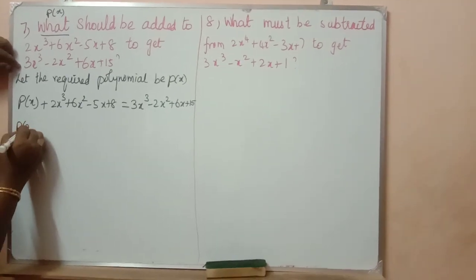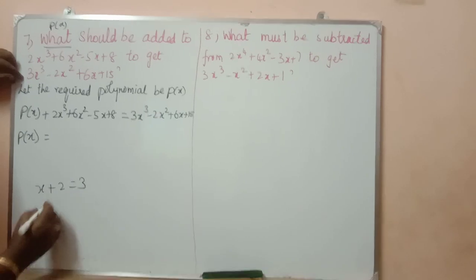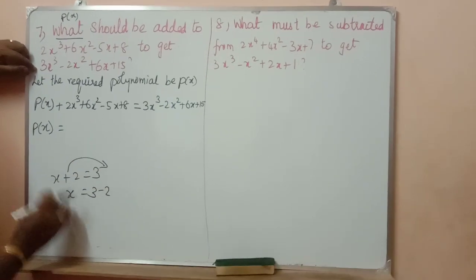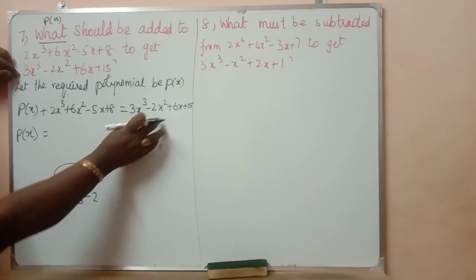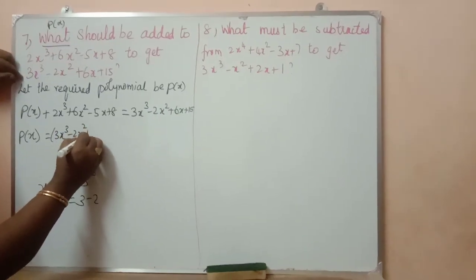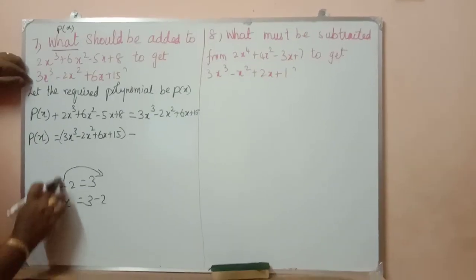Okay, so p of x plus 2 equal to 3. What will you do? x equal to 3, the 2 will come this side as minus 2. So the same, write this polynomial: 3x cube minus 2x square plus 6x plus 15, minus, this will come this side as minus.